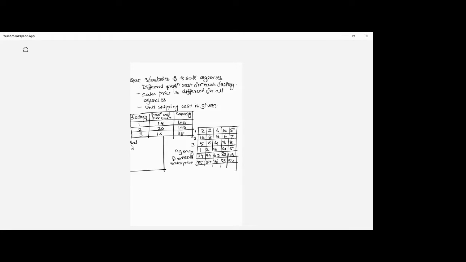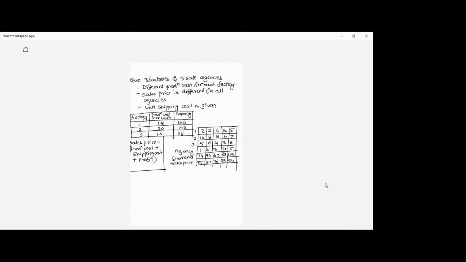Firstly, normally, what is the strategy? What is a sales price? The sales price will be equal to the production cost plus shipping cost plus profit.